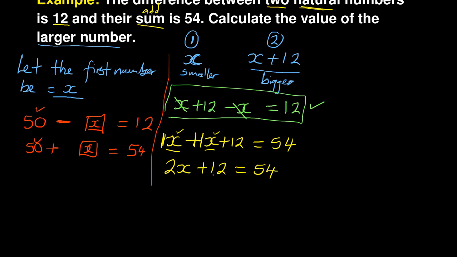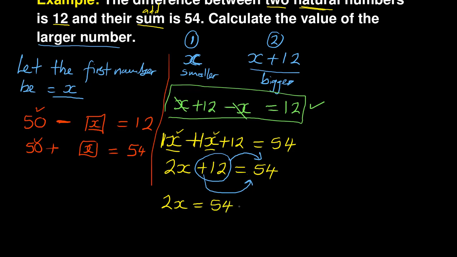And then now you need to remain with x on one side. You have to take this particular 12 with the sign, let it jump the equal sign, and when it jumps the equal sign, it changes from positive, remember, to negative. So what you're going to have is 2x is equal to 54.